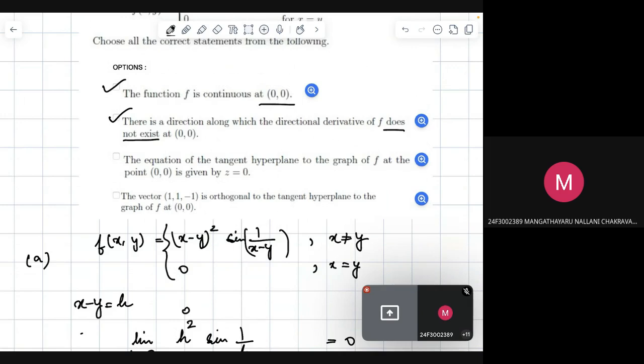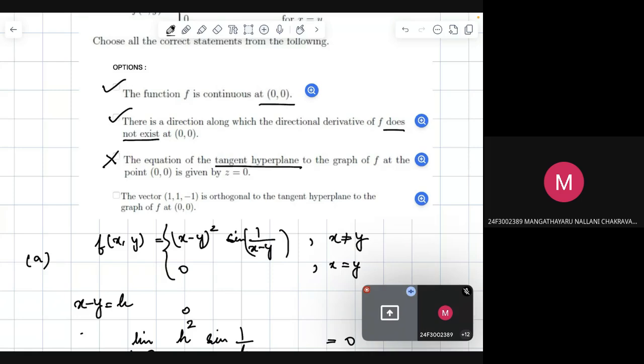Okay, now we are talking about the tangent hyperplane. We just saw that for a tangent hyperplane the directional derivative is supposed to exist, but the directional derivative itself is not existing, so the equation of the tangent hyperplane we cannot find. So this is the wrong option, because it says the equation of the tangent hyperplane of the graph of f at point z equal to 0.